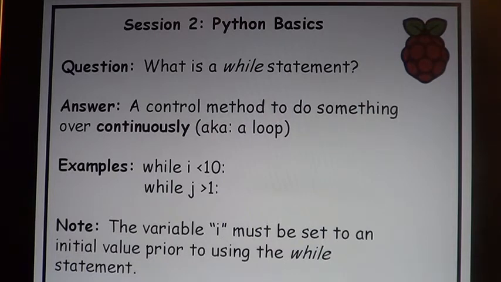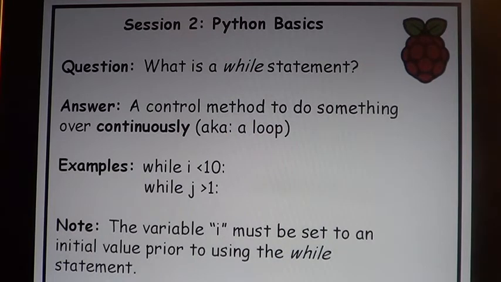So here are examples of how we can use the while statement. You can see there we have while i is less than 10, and the next example is while j is greater than 1. What those conditions allow us to do is stay within the loop while the condition is true, and when it is no longer true, we jump out of the loop.